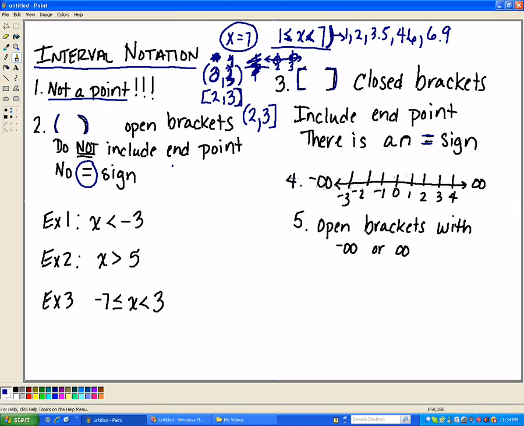The fourth point I want to make is that if we go off to infinity, say less than -1, we go off to values in this direction, we end up at what we call negative infinity. If we go off to the right, to positive values, we end up at what we call positive infinity.